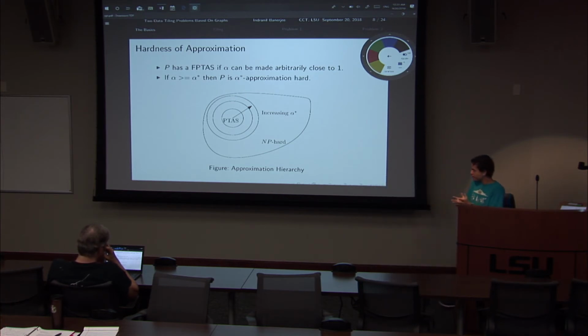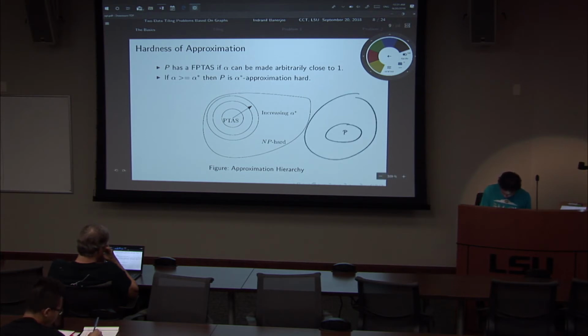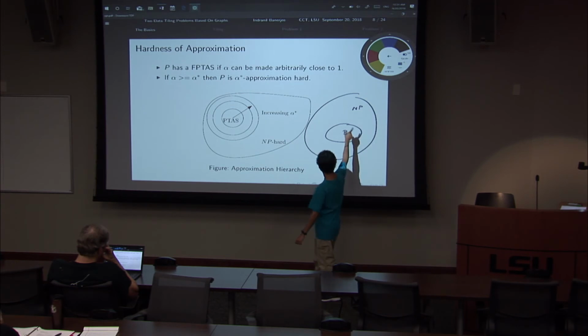Okay, so hardness of approximation. This is where things become much more interesting. Remember, I was drawing this picture where you have P and you have NP. Now here I'm looking at this entire set NP, which of course has P inside.